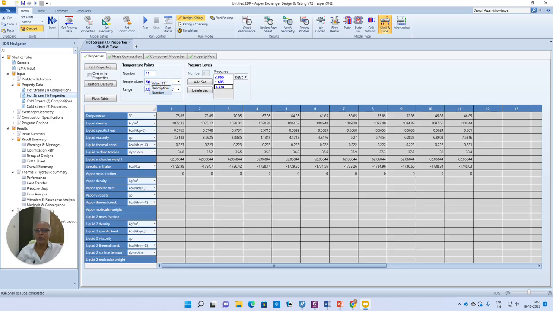Of course, if you are interested, you can either increase or decrease this number. You are free to do that. So the temperature difference of 30, when divided into 11 zones, gives each zone about 3 degrees.